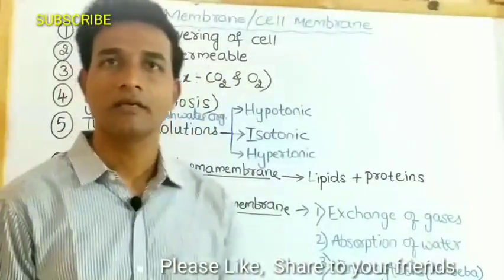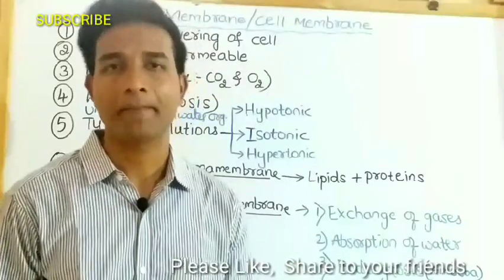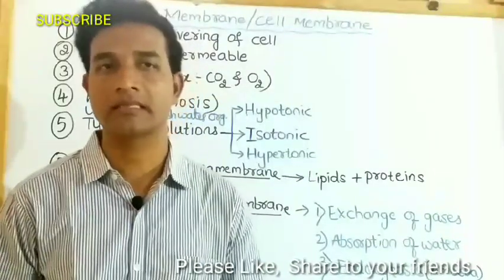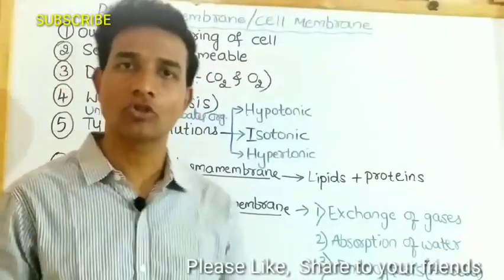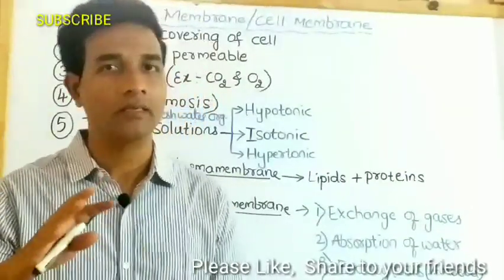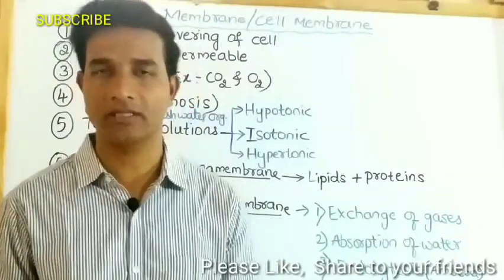Hello students, now we will discuss what the cell is made up of and what is the structural organization of the cell. When you observe under the microscope, the cell contains three common features, whether it's a plant cell or animal cell.